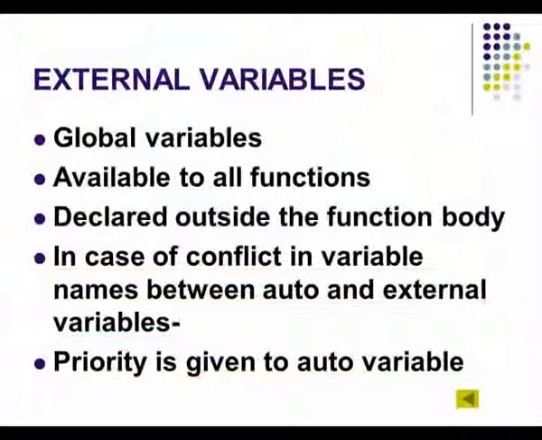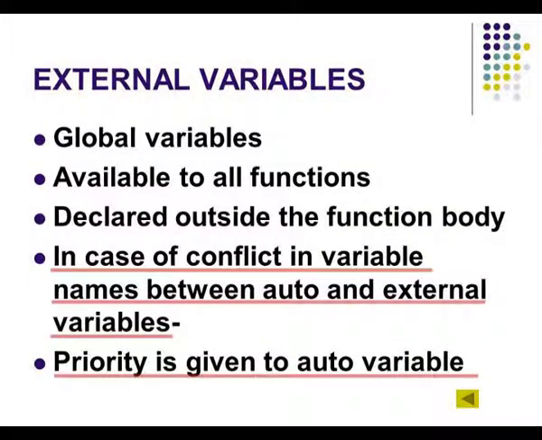Now, when global variables are declared, it is possible that we can have local variables of the same name also. If I am saying integer x outside the main function, inside the main function also I can have an integer x in one of its sub functions. So, in that case, when there is a conflict between the global variable and the local variable with the same name x, the compiler will hide the use of the external variable and the priority will be given only to the local variable.